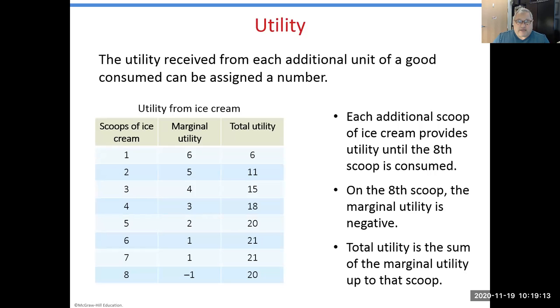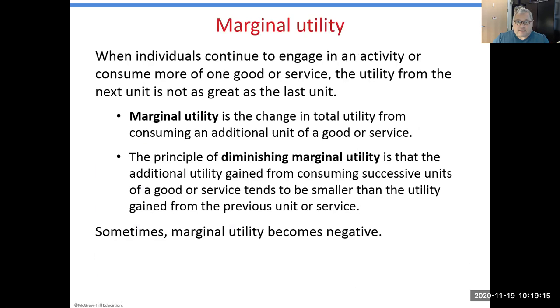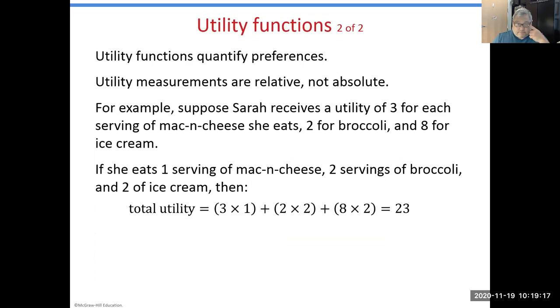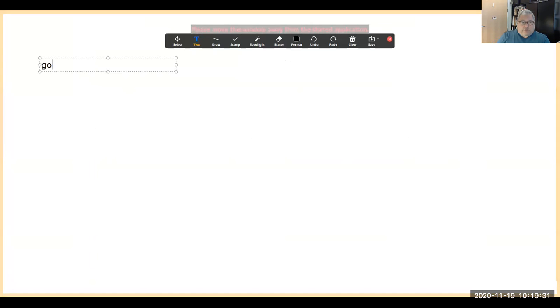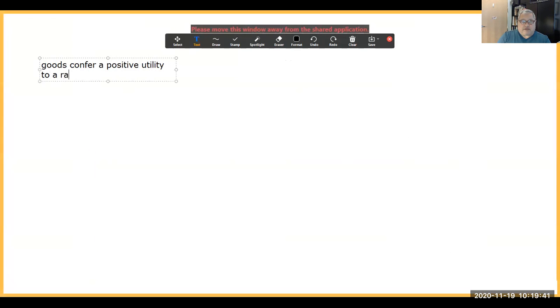So if we look at this calculation, if we move now to a different situation that is a little bit more realistic, we're going to assume that goods confer a positive utility to a rational consumer.